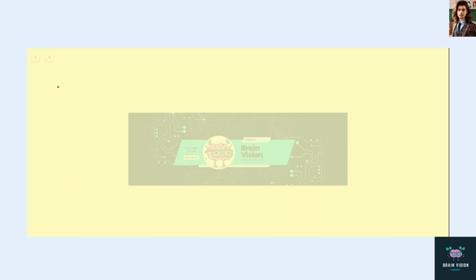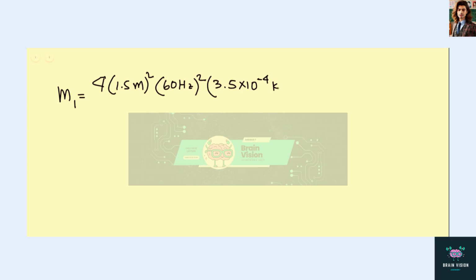So m1 here is 4 times 1.5 meter squared times 60 hertz, then we put a square there, then that multiplies with 3.5 times 10 to the power -4 kg per meter.